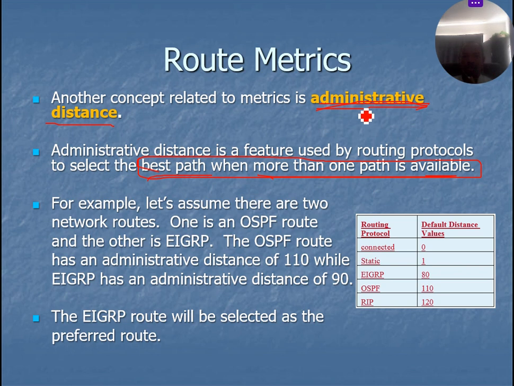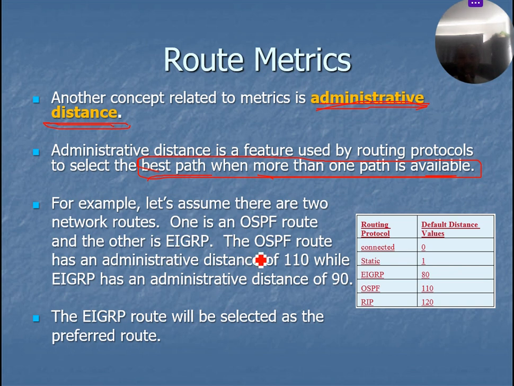If the administrative distance is a huge number, then we're not going to select that path. If the administrative distance is a small number, then we select the path.